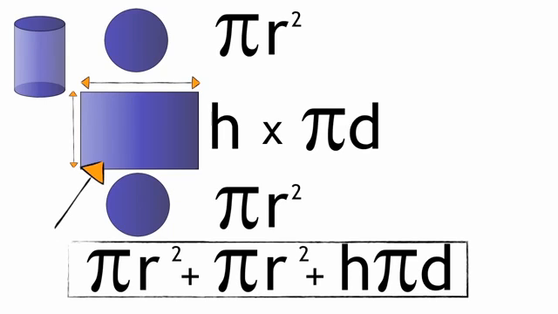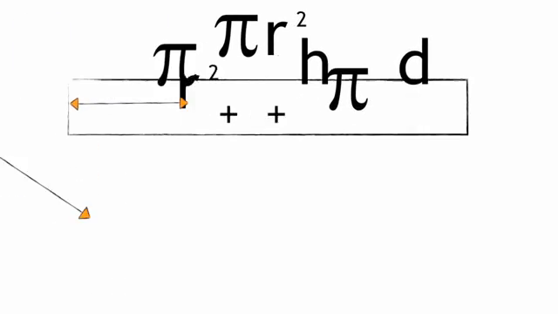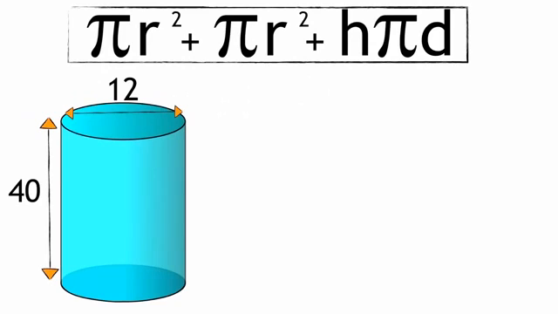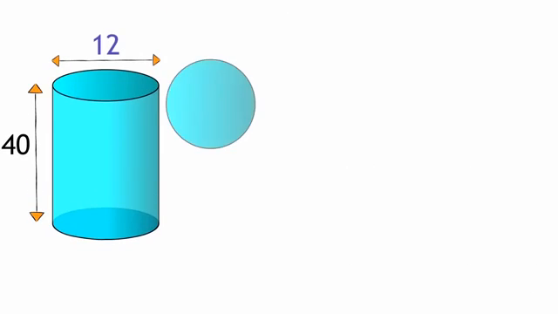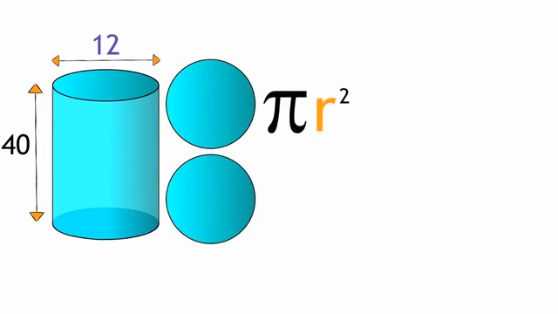Now I want to work out the surface area of this cylinder. Now we could just try to remember that formula from the last page, but unfortunately it would cram our brains full of too many formulas. It would be silly. So let's just do it bit by bit. So two circles, the circle top and bottom, pi r squared. Now again, we've got the diameter here, not the radius.